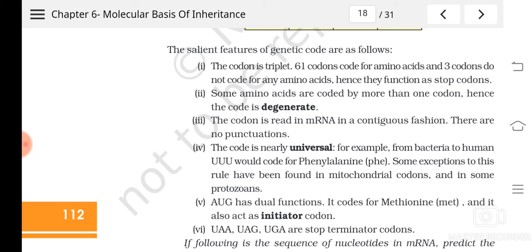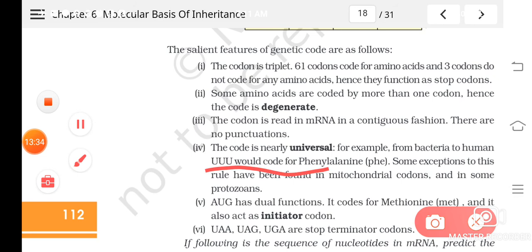Then the code is universal: from bacteria to human beings, or any organism you take, the codons will be similar. UUU will code for phenylalanine only. This is one example only, but some exceptions were found later in mitochondrial codons, since mitochondria also have DNA, and also in some protozoans.